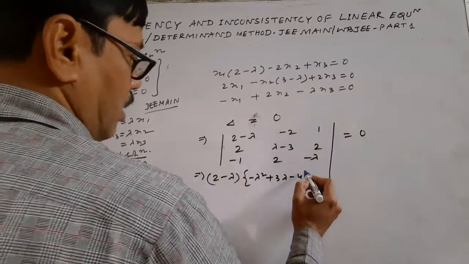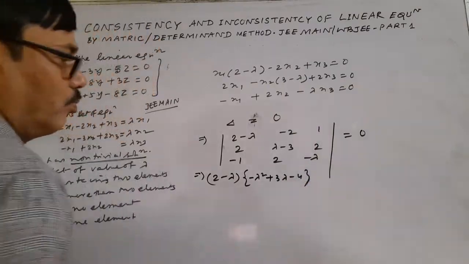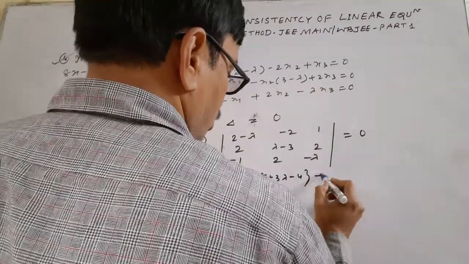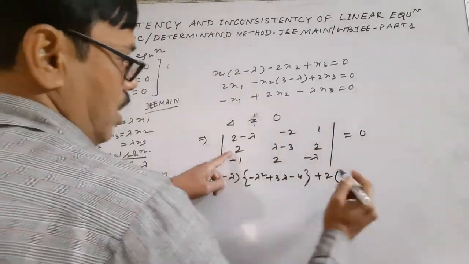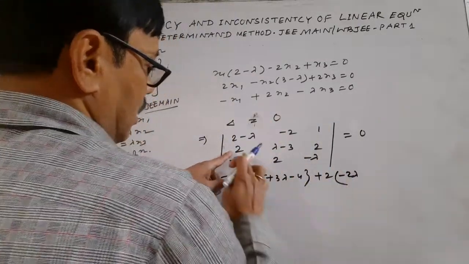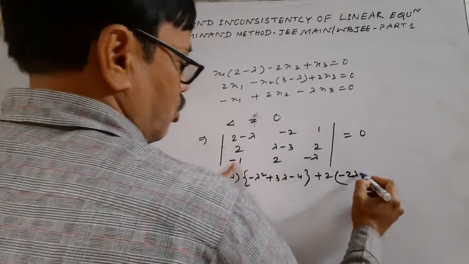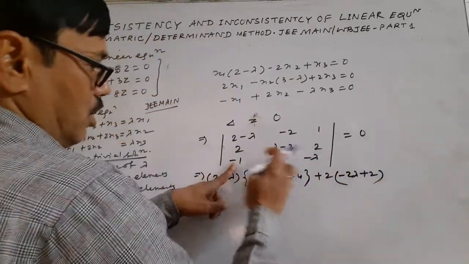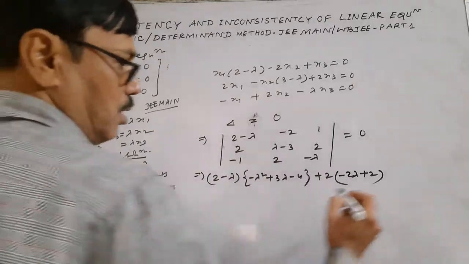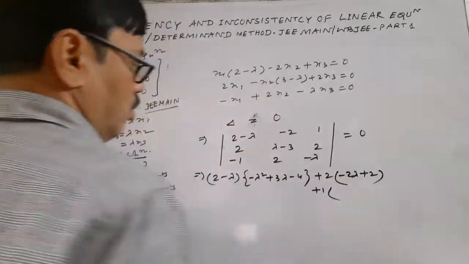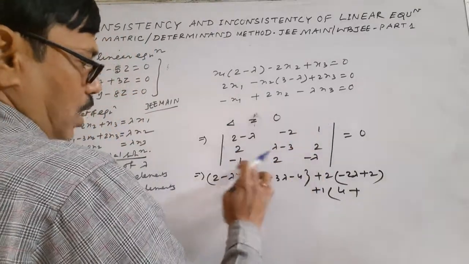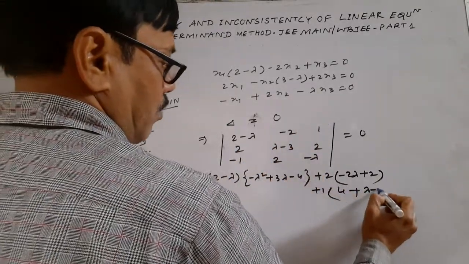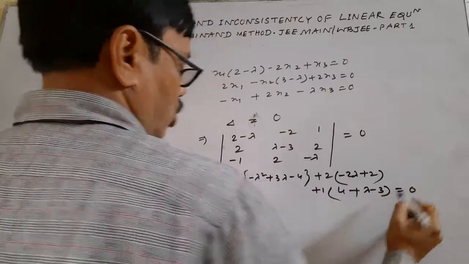So plus 2 into minus 2 lambda plus 2, minus 2 lambda plus 2, plus 1 into 4 plus lambda minus 3, equals 0.